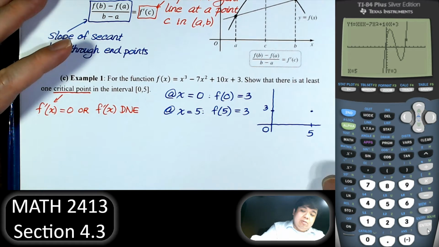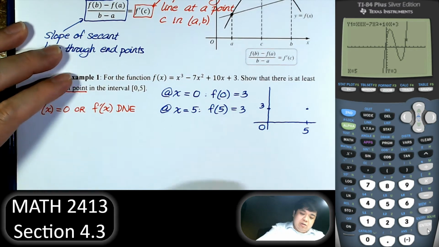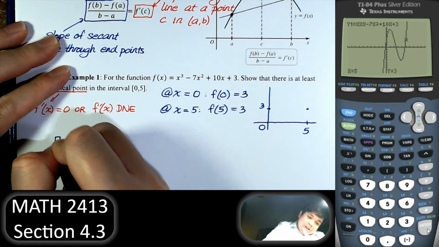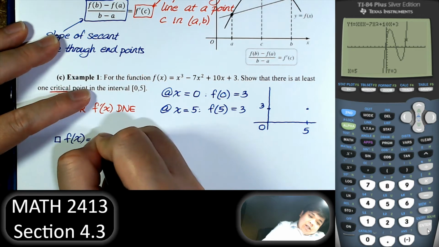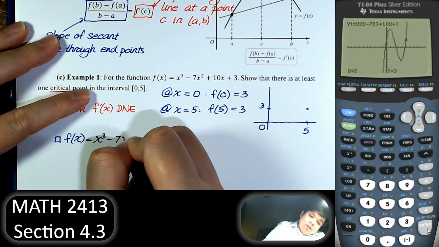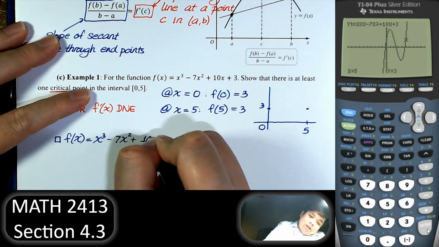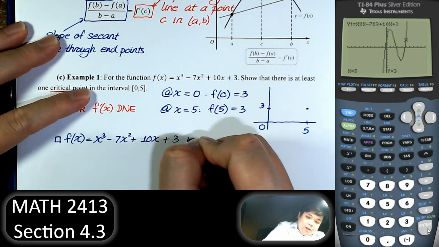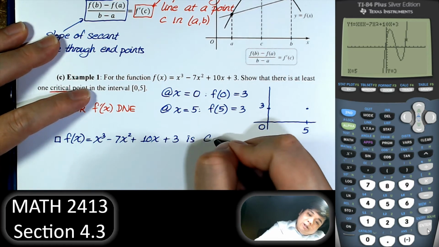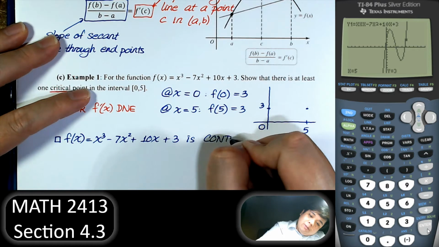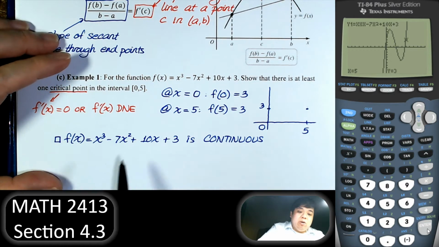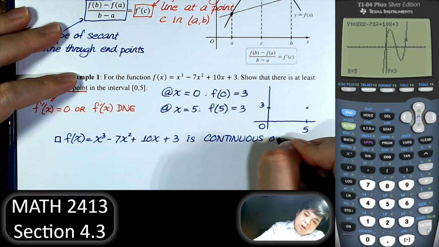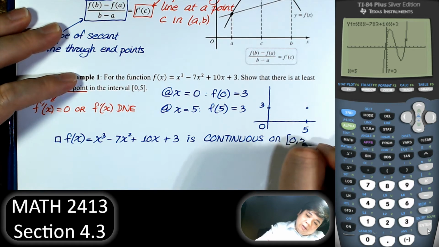The way we show this is, first, f of x is x cubed minus 7x squared plus 10x plus 3, which is continuous on the closed interval 0 to 5.